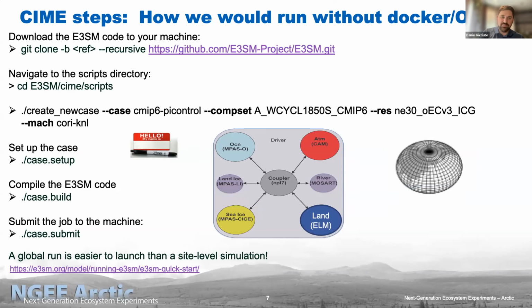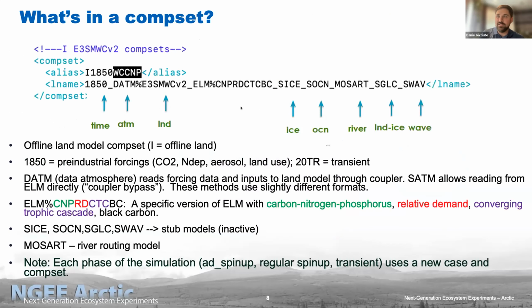There are a couple of different things associated with creating that case. One of them is a compset, or component set. There are quite a large number of these within E3SM, and there's a specific structure for what all of these variables mean.